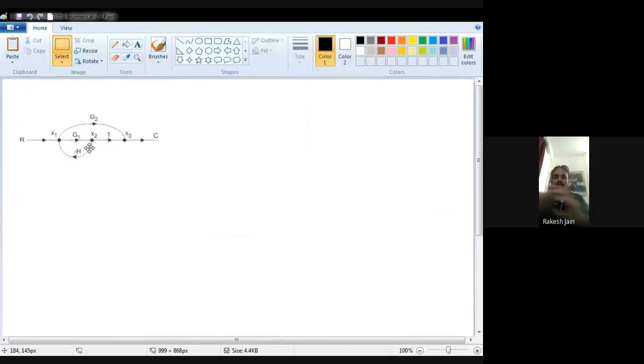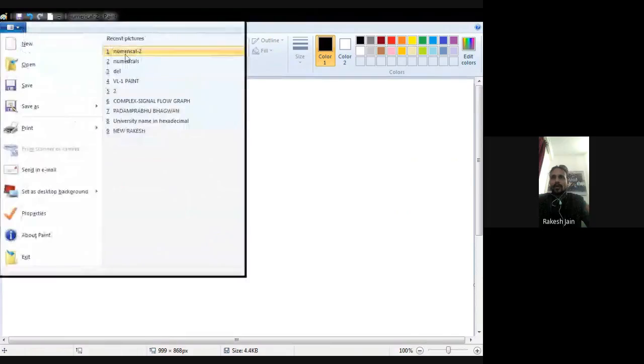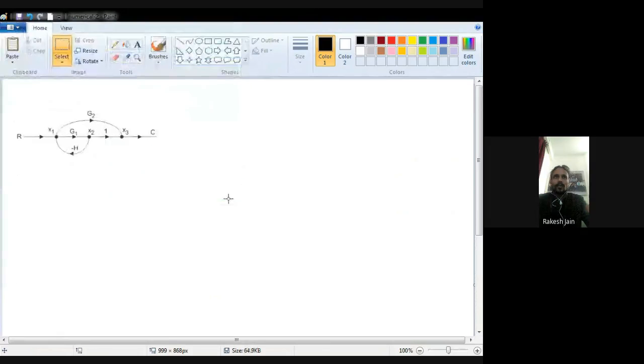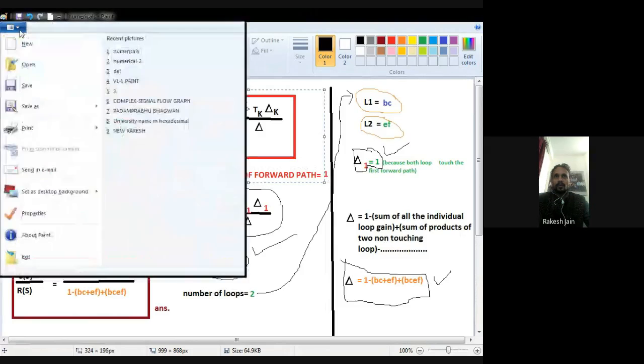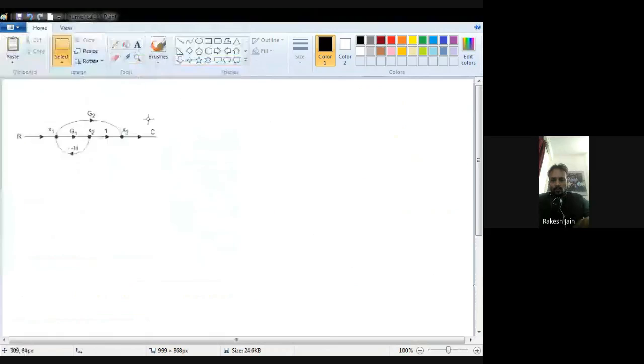Now I have to find the same things, the transfer function and so on. So first of all I write down the formula as we wrote previously. So I just copy the formula, so time will be saved.